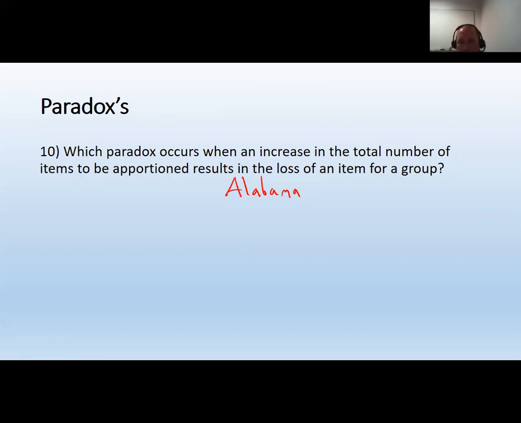If you have an original allotment of items being apportioned, and then there's a population change, you see that with the census. In our elections, we base it on the census, and that can change the allotment of seats in various elections. But if the group that has a lower population percentage increase than another group takes an item from that other group, that's a population paradox.